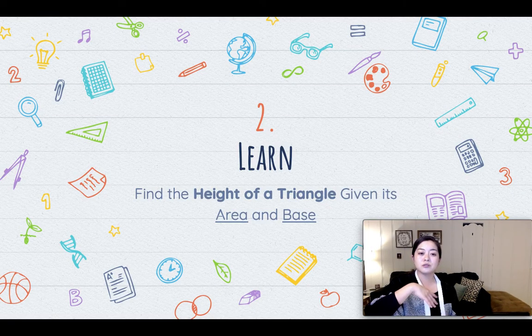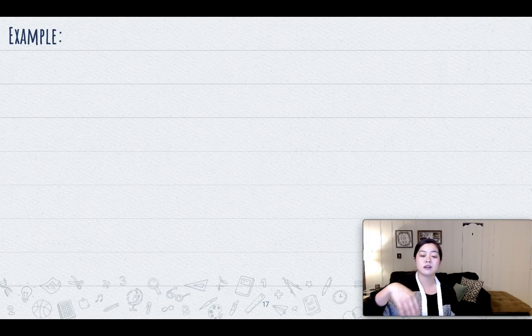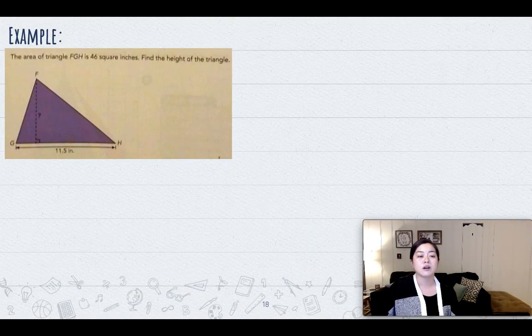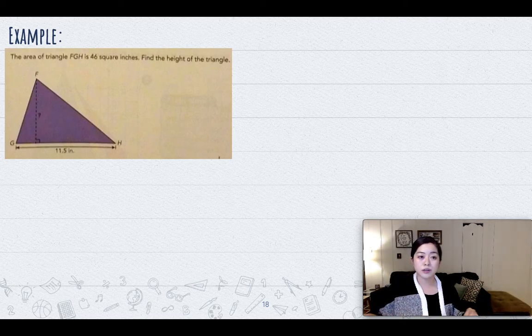Okay, so now we're going to learn how to find the height of a triangle when we're given the area and the base. So for example, let's say we have this triangle FGH, where the area is 48 square inches. We are given the base in the picture.